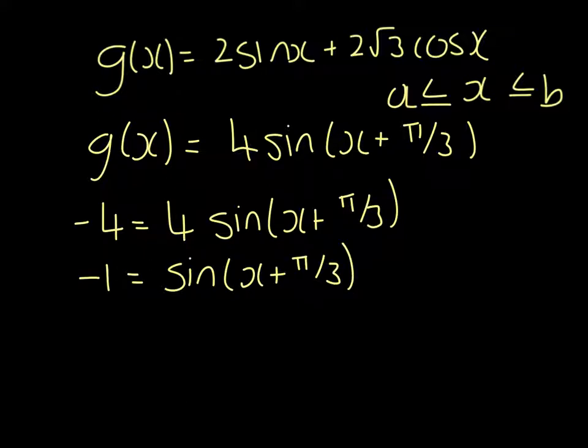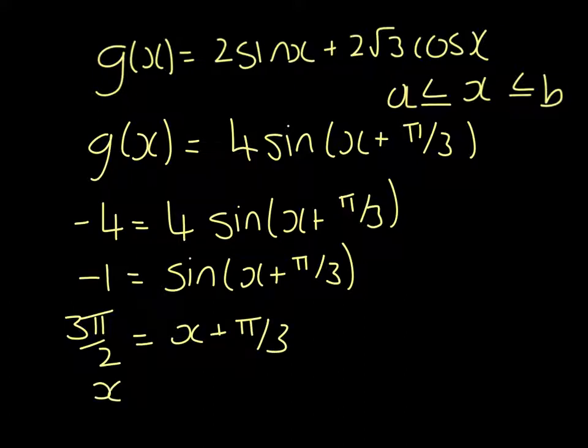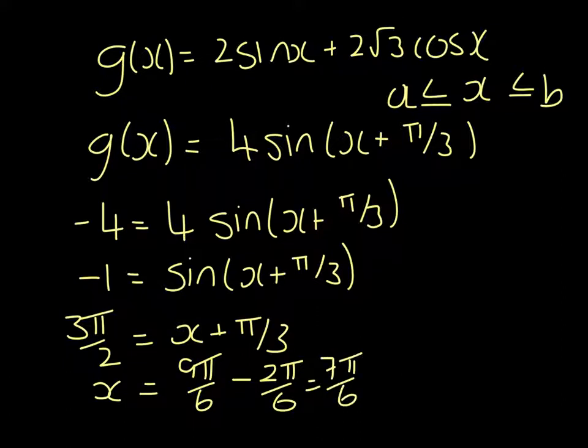And if we take the inverse sine of minus 1, we get 270 degrees, or 3 pi over 2. So our x would be 9 pi over 6, so that's multiplying the 3 pi over 2, top and bottom by 3, minus 2 pi over 6, which gives 7 pi over 6.